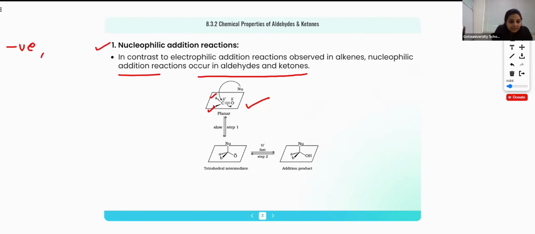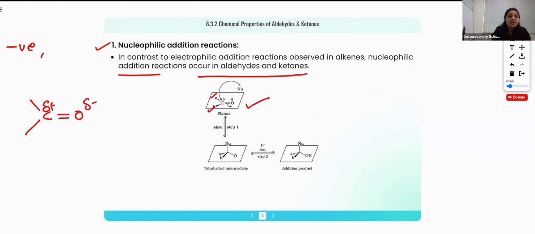Then here I am taking C double bond O. I told you the C=O bond is polar in nature, meaning oxygen has high electronegativity. So oxygen will get a partial negative charge and carbon will get a partial positive charge.